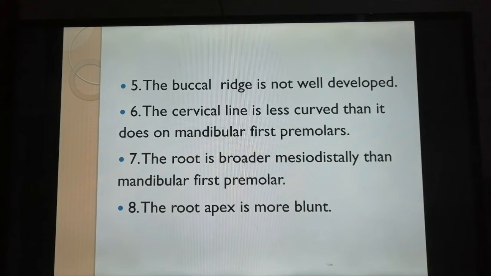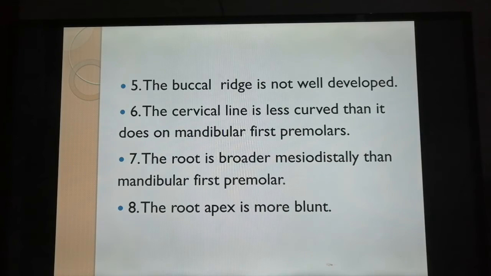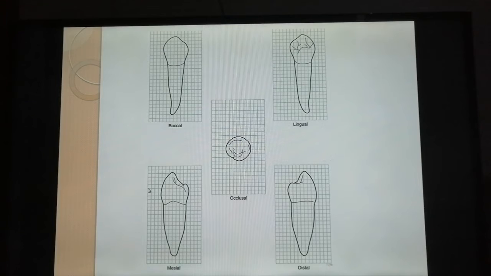Number 7, the root is broader mesiodistally than the mandibular first premolar. Number 8, the root apex is more blunt.